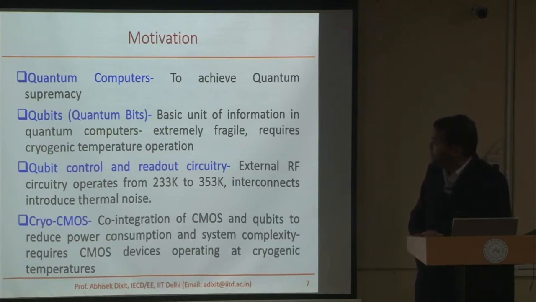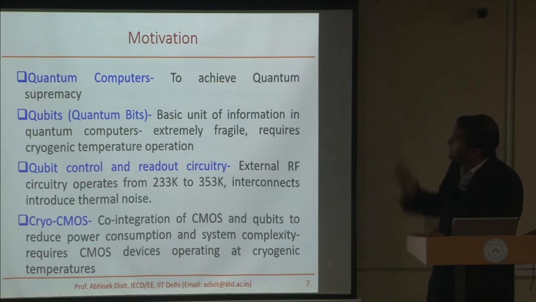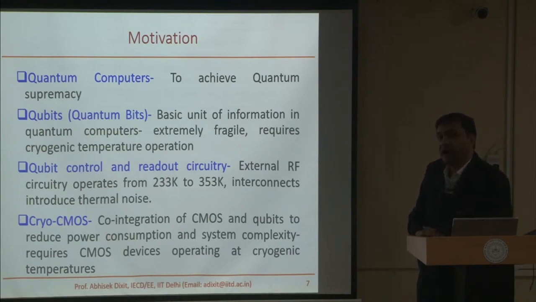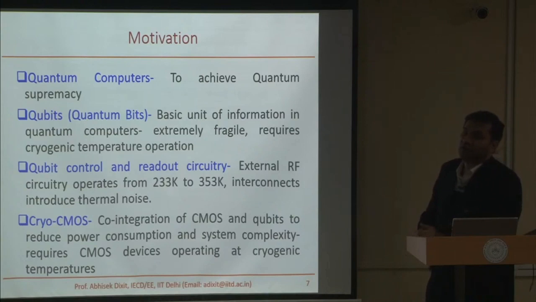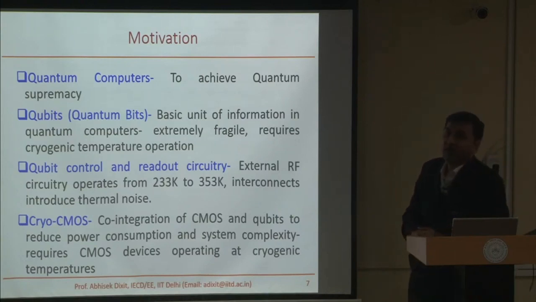So qubits, let's just talk about the supremacy. Supremacy is basically saying that a computational problem that a classical computer will take forever to solve can be solved using a quantum computer within a matter of a few minutes. Okay. Now these problems are very, very diverse. You can talk about stochastic calculus for tracking the stock market.